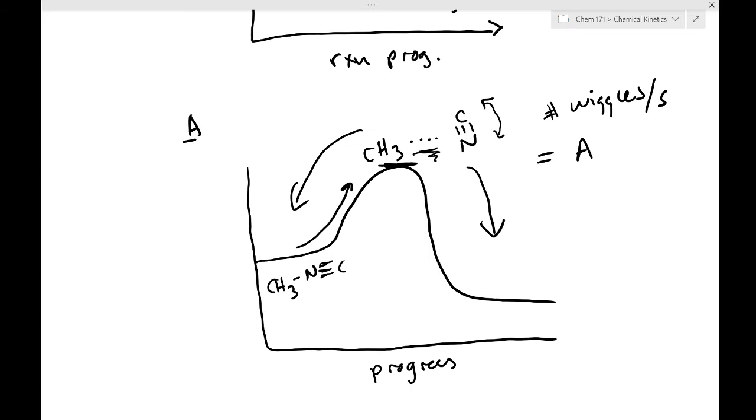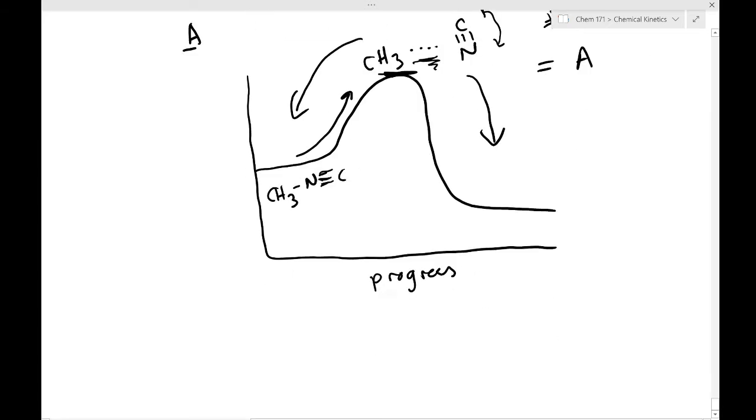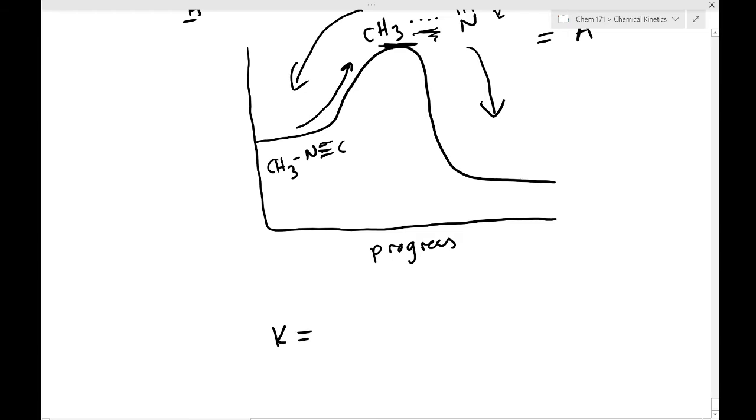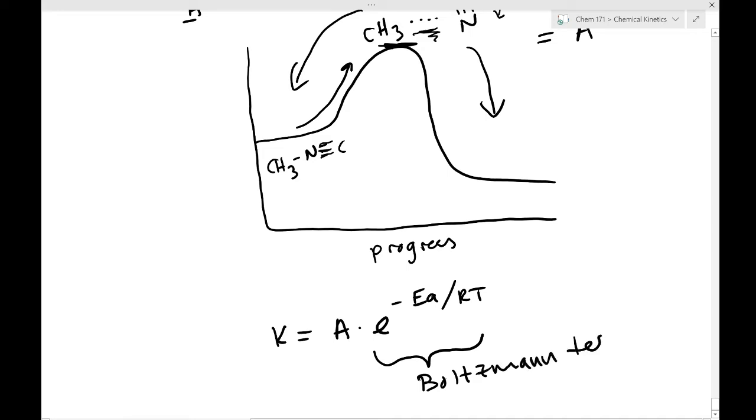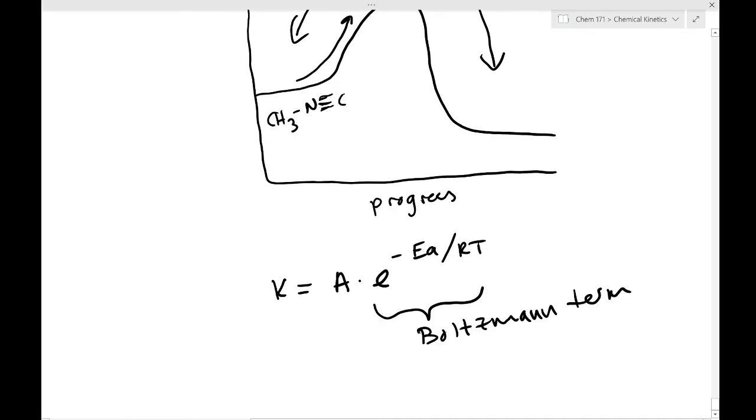This is why this is a statistical representation of the rate constant. If you remember, the rate constant looks like k equals A times the exponential of negative Ea divided by RT. This term here is called a Boltzmann term, and it's very common in statistics.